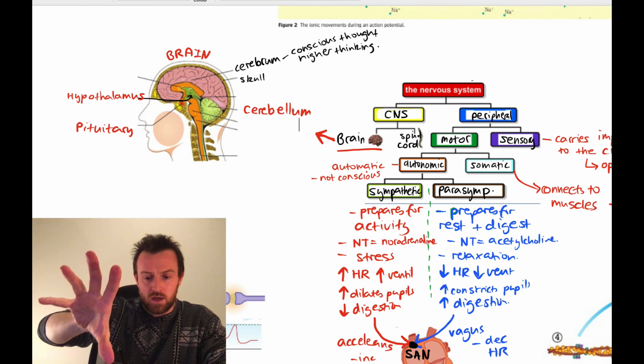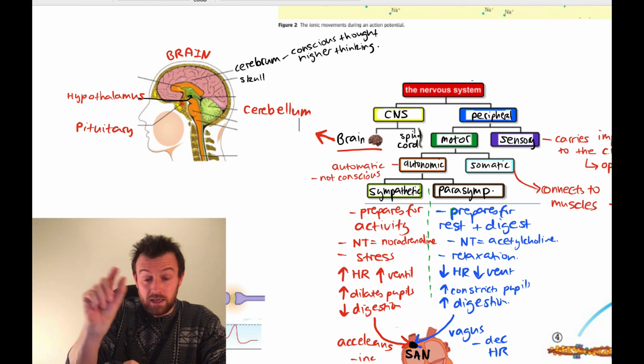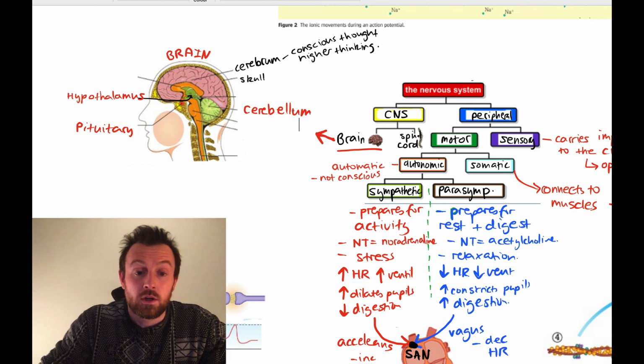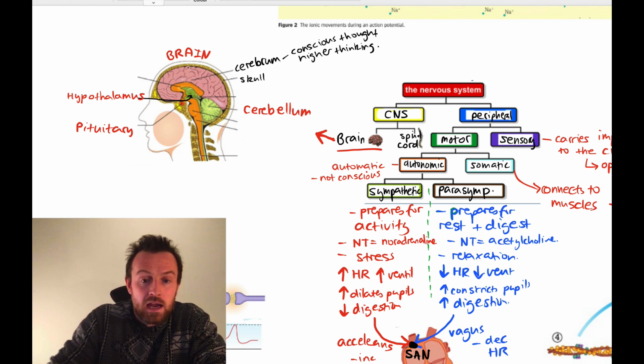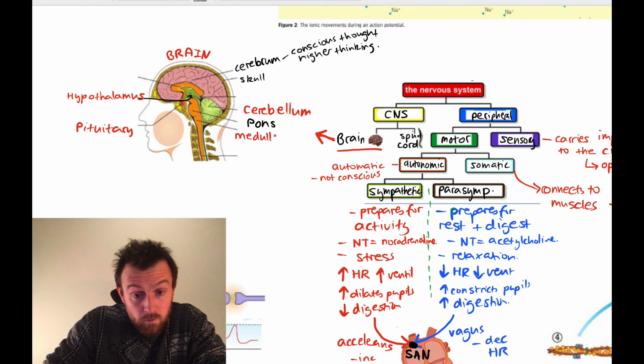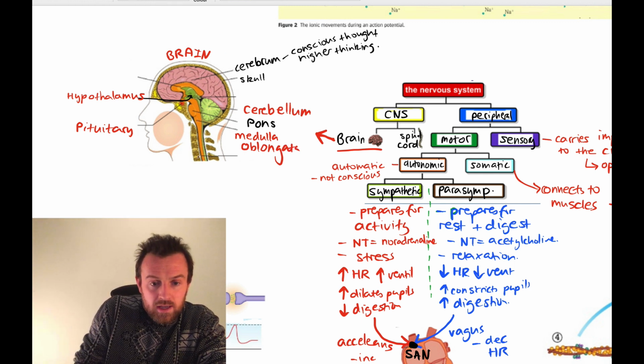There's a brain, and maybe you can see the little brain there, the cerebellum as well. Okay, it's gone. All right, then we also have the pons, which is this area, and then we have the medulla oblongata, which is kind of here.